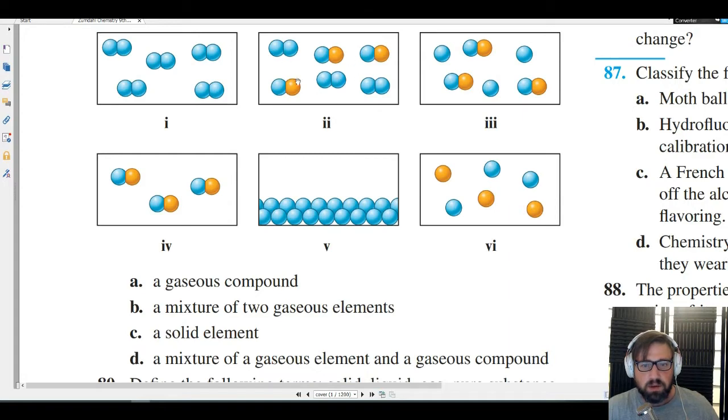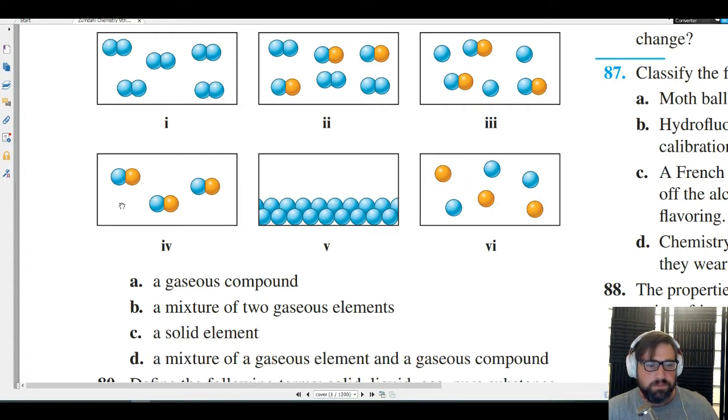So that works, and they're mixed together. That's good. Number 2. Here we have a gaseous compound, blue and yellow, and these are all elements as well because it's one type of atom by itself. So it is a mixture of a gaseous element and a gaseous compound.